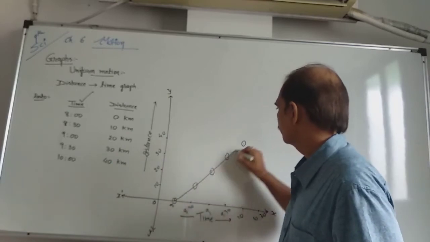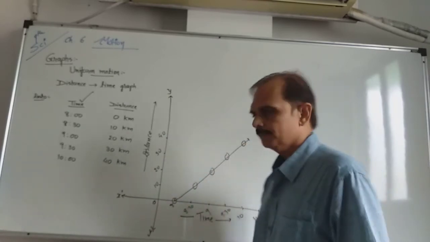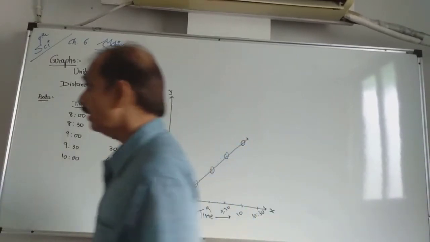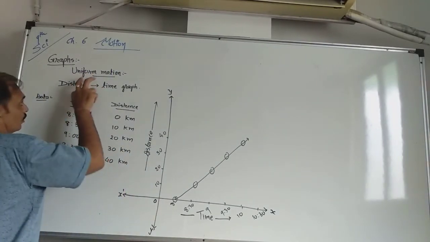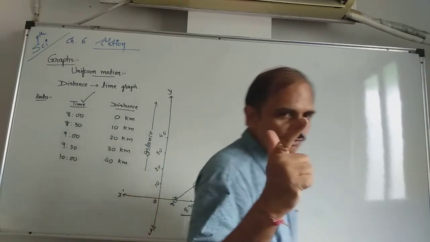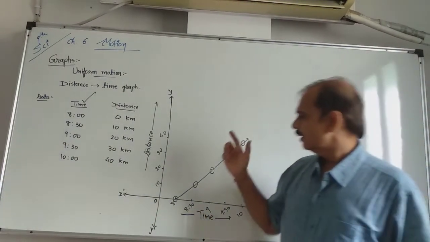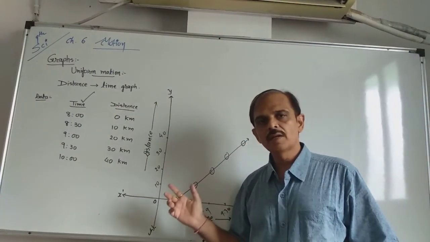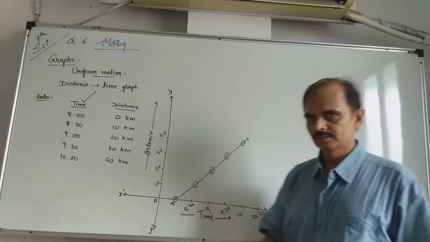So the graph is a straight line. Why is it a straight line? Because it is uniform motion. So from the graph you can say that this graph is of the object performing uniform motion.